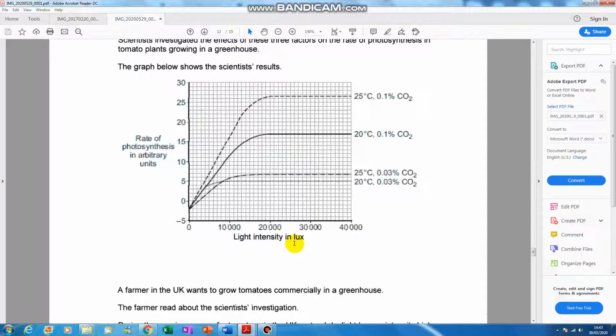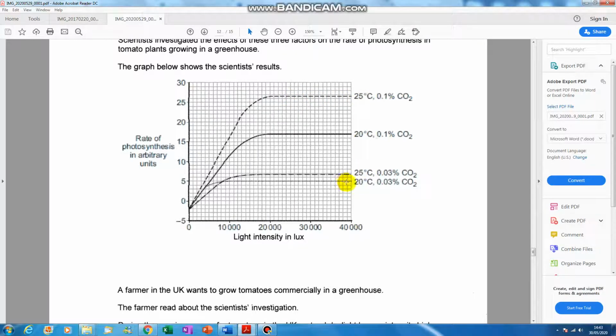There are 4 lines. The dotted lines here are tests which have been conducted at 25 degrees. So this dotted line and this dashed line.